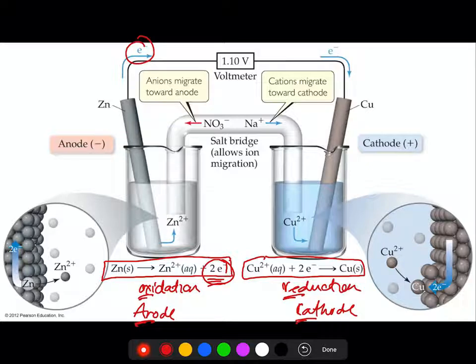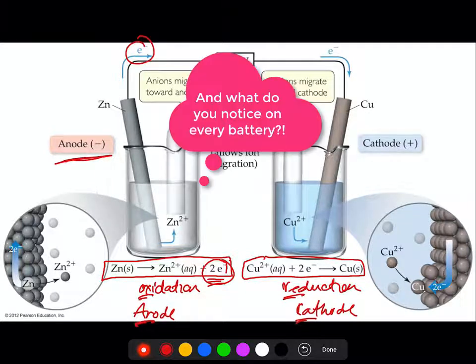The anode is our negative end, which makes sense because that's where we are producing electrons. Electrons come from there, so that is our negative end, and they flow toward the positive end. Electrons are negatively charged, and they flow towards something that is positive.